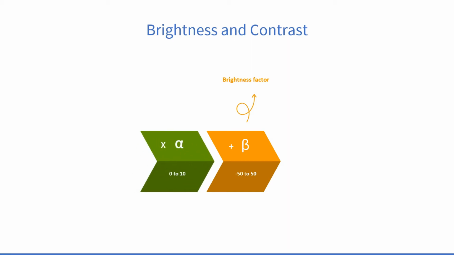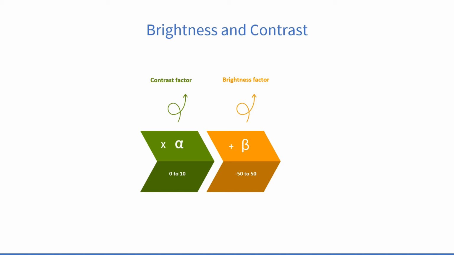The next one is contrast. For contrast, instead of adding, we are multiplying by a constant. We give a contrast factor from about 0 to 10, where if you want very high contrast, give 5, 7, 8. If you want very low contrast, give 0.01 or 0.05.